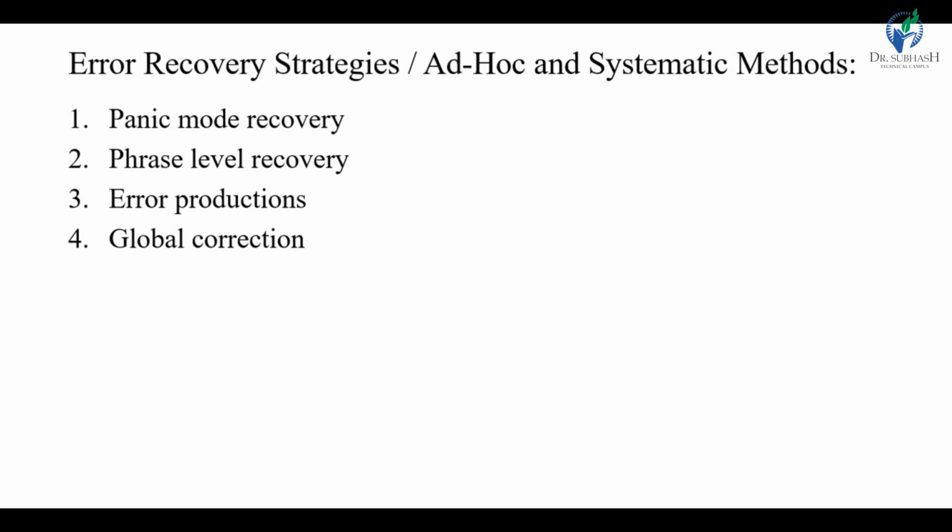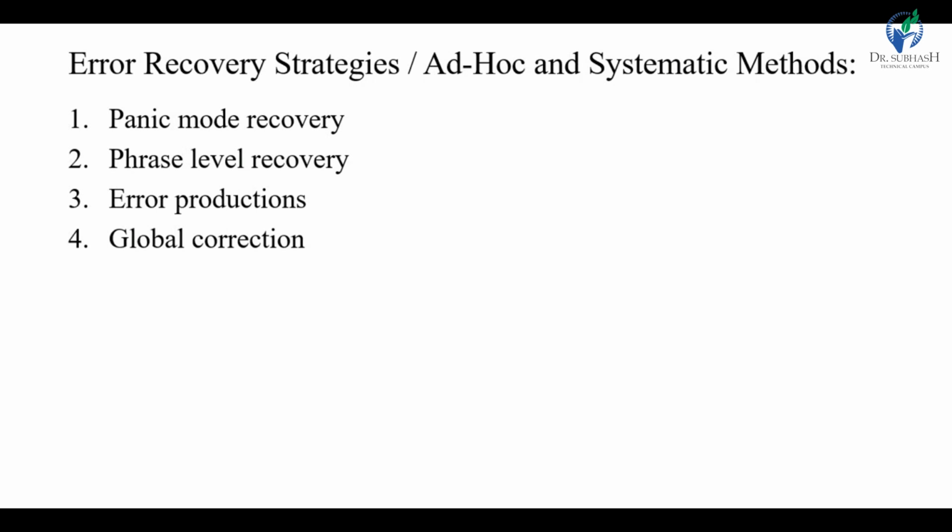Any parser should be able to detect and report any error in the program. So it is expected that when an error is encountered, the parser should be able to handle it and carry on parsing the rest of the input. Mostly it is expected from the parser to check for errors, but errors may be encountered at various stages of the compilation process.